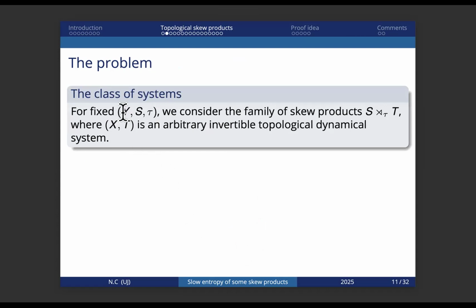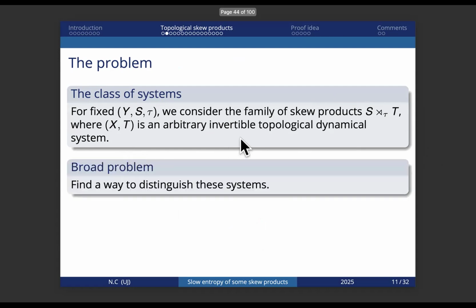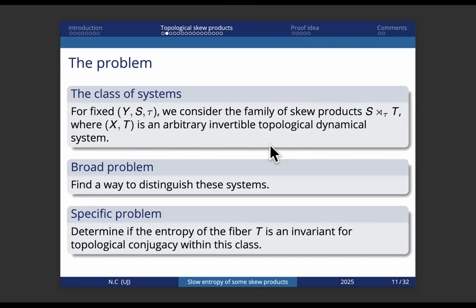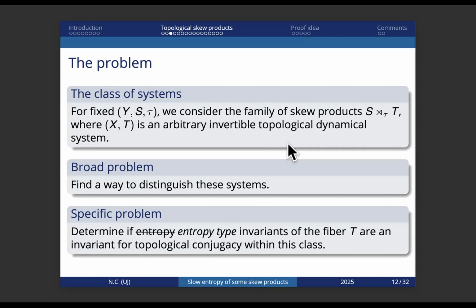After we fix a subshift and a cocycle in the base, we consider this family of products where T ranges over all invertible topological dynamical systems. And we are broadly interested in finding a way to distinguish them, and maybe more specifically determine if the entropy of the fiber is an invariant for topological conjugacy, or maybe instead of entropy, some entropy type invariant of the fiber.